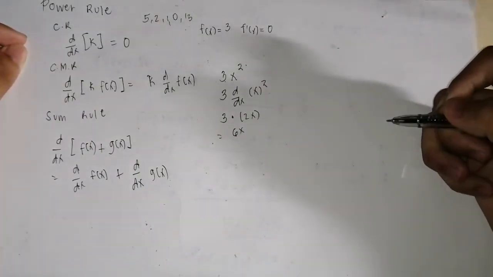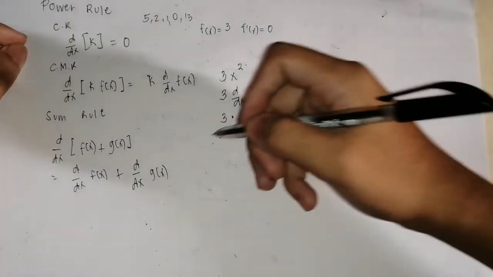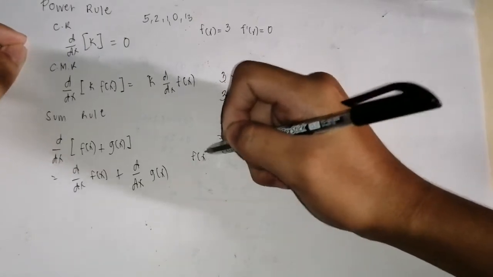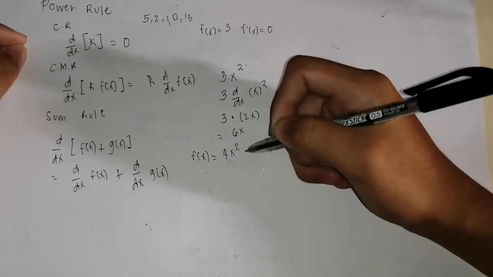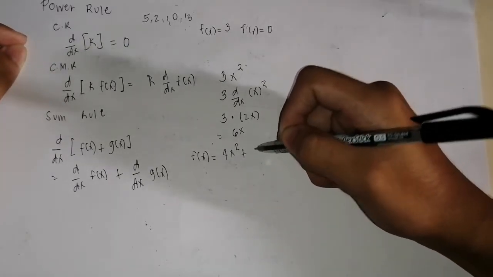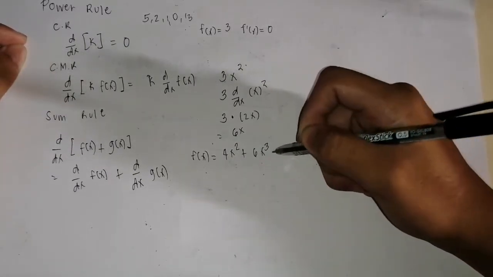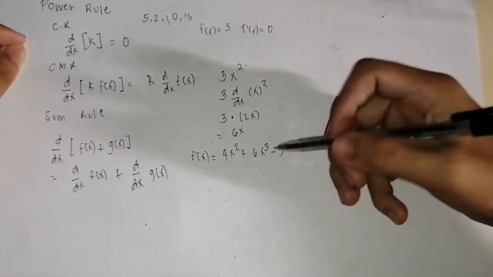What is an example? Let's say f of x is equal to 4x squared plus 6x cubed minus 3. We included a constant.